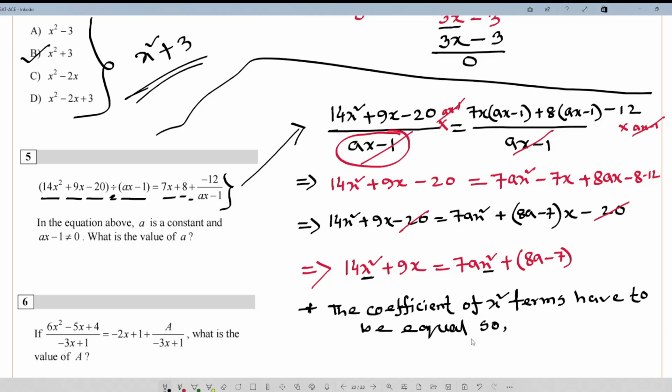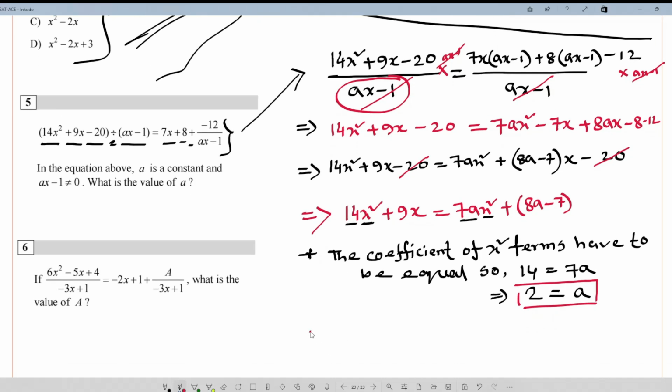So we get here 14 equals what? 7a. Once we divide both sides by 7, it will become 2 equals a. So here we get a equals 2.